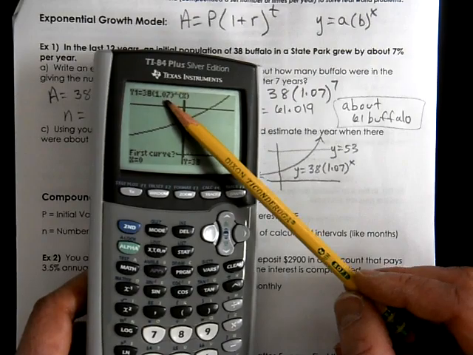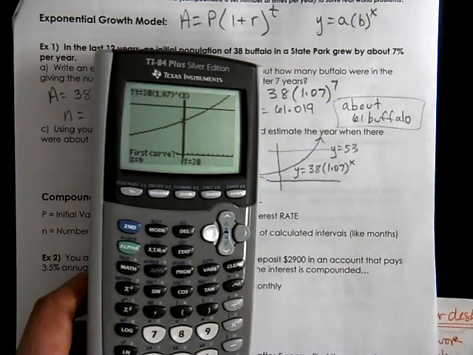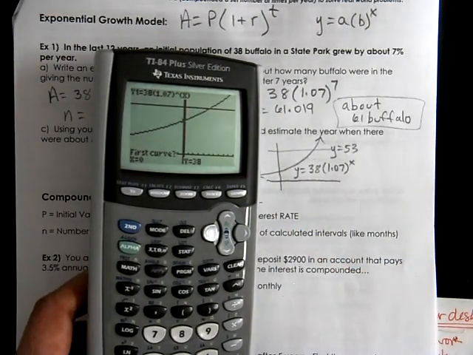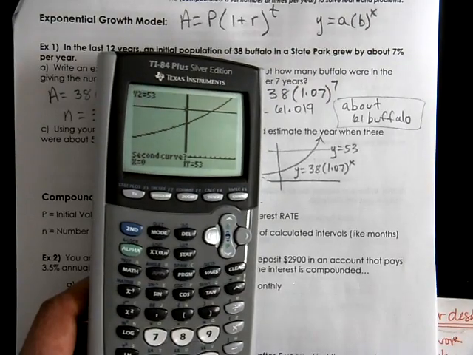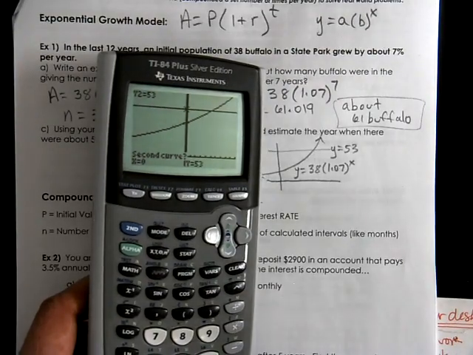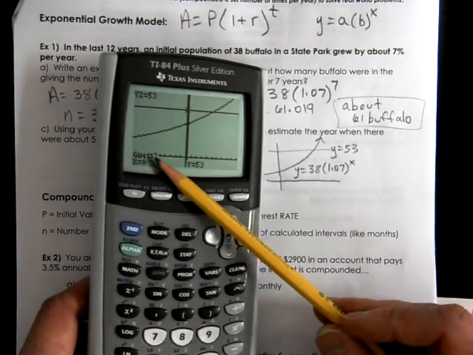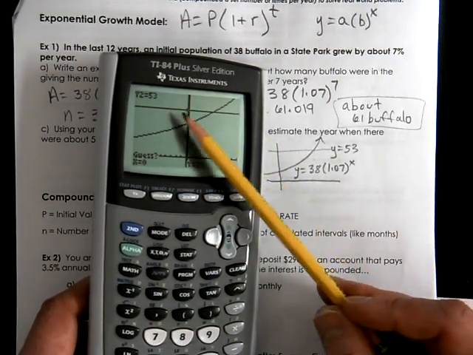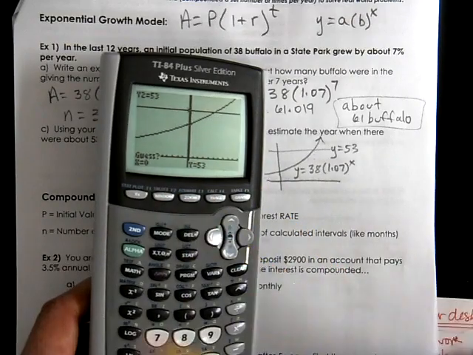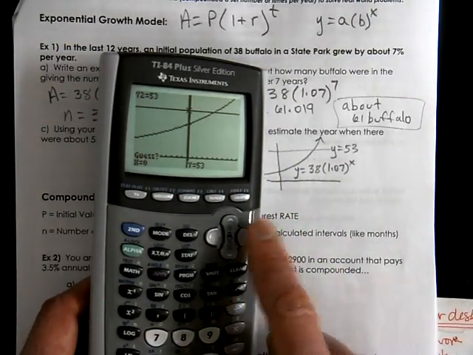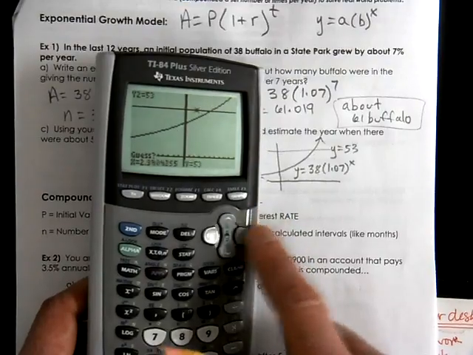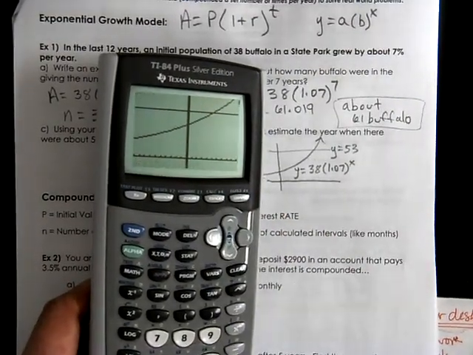Your first curve, is this the curve you're thinking of? Of course it is, because it's only one of the two that you have. Is that the other equation? Of course it is, because you only have two of them. Hit enter. Now it says guess. Guess is important if it crosses twice, but since it only crosses once, you can get away with hitting enter right now. Or if you just want to be sure, get closer. It doesn't matter. Get closer and hit enter.